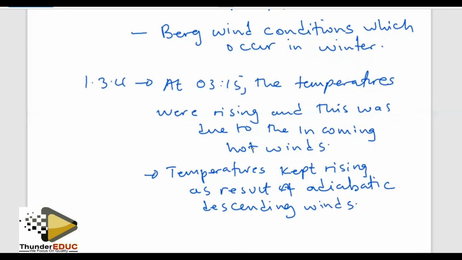Meaning that as winds were subsiding from the interior to the coast, they were warming up and drying up, therefore resulting in temperatures continuing to rise.